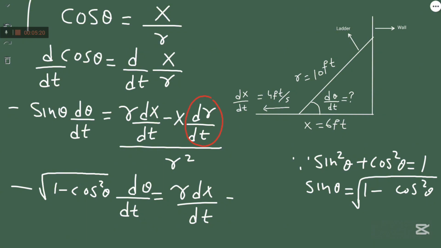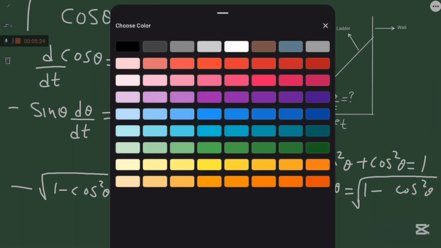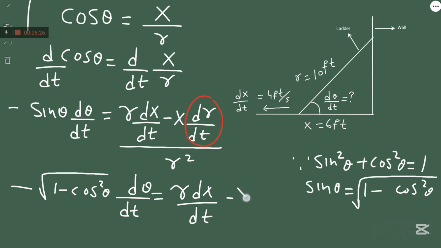So the derivative of a constant is 0. So I can write here x times 0 over r square.